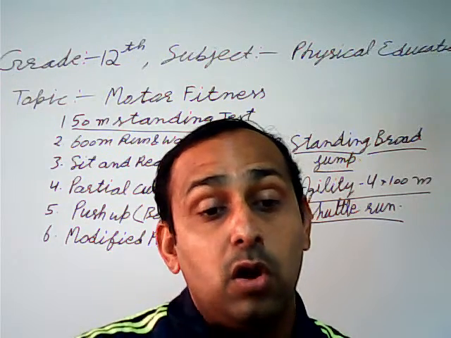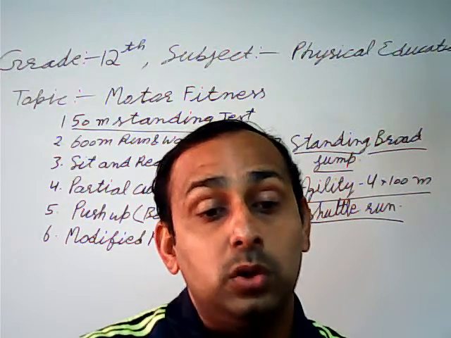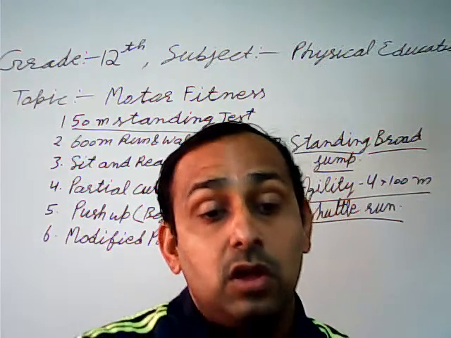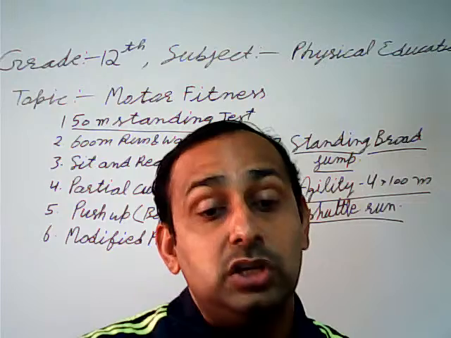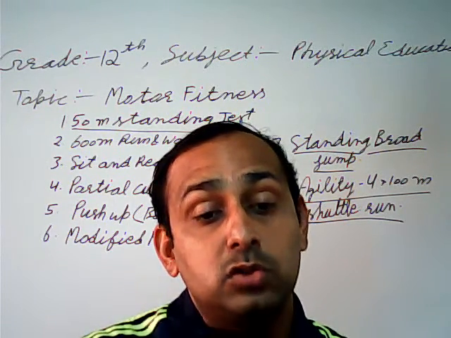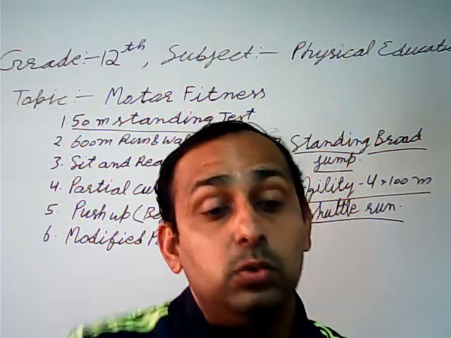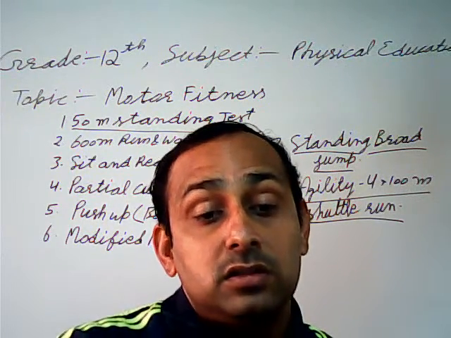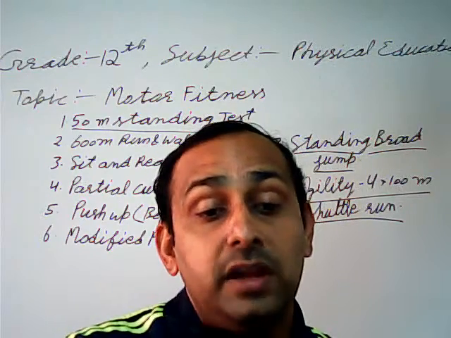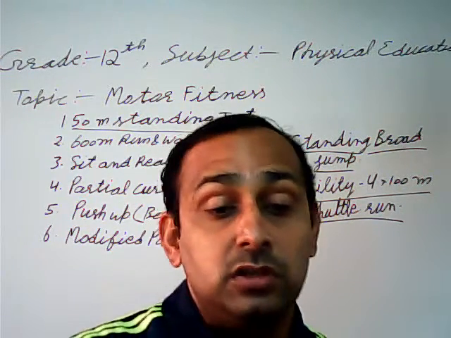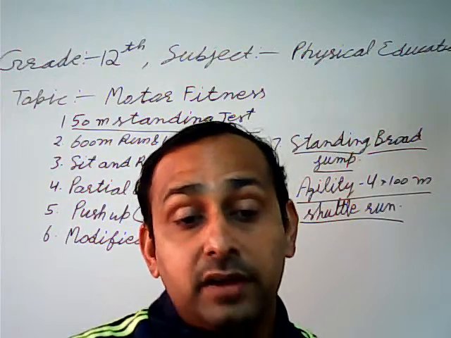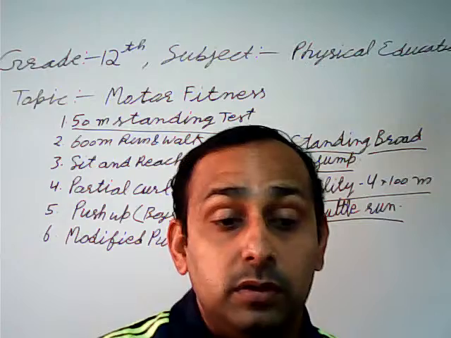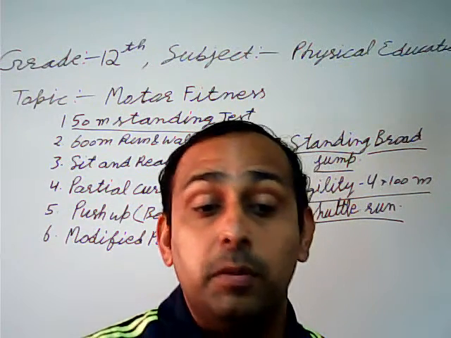Next, drop the hips until the shoulders, hips and knees are in a straight line. Next, while maintaining this position, the upper body is lowered so that the elbows bend to 90 degrees. Next, push back up to the starting position. This completes one push-up. Next is scoring. One point is given each time the subject completes a push-up. Rules: only one trial is permitted.